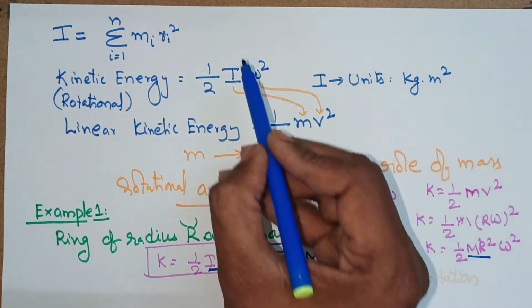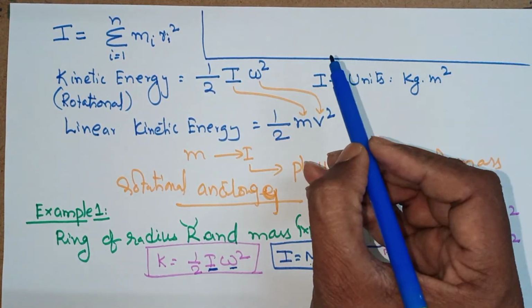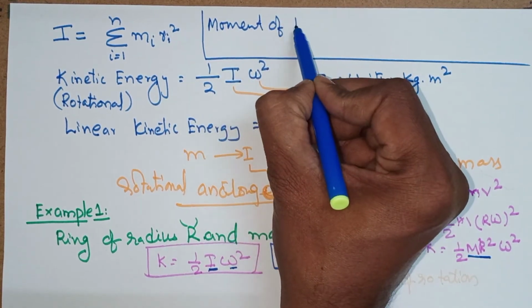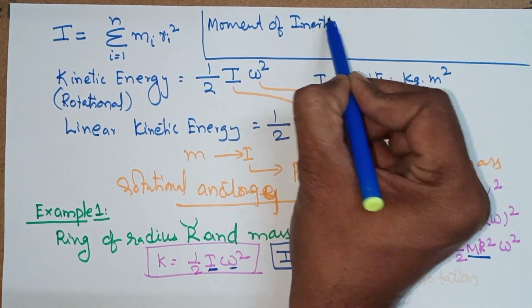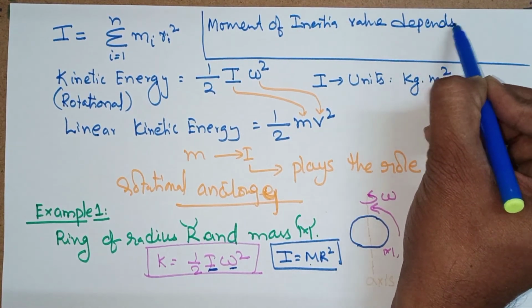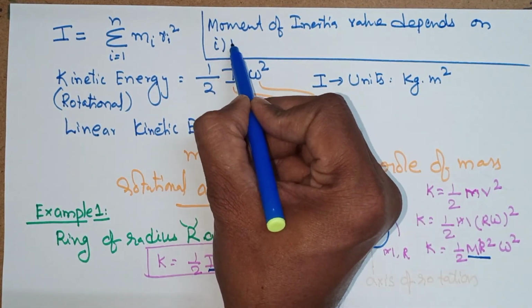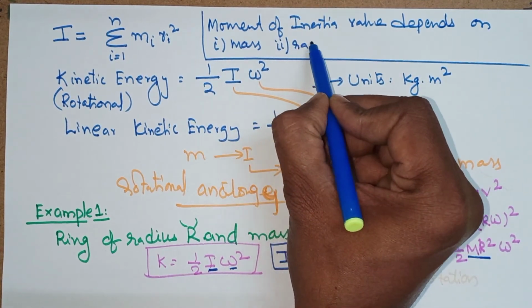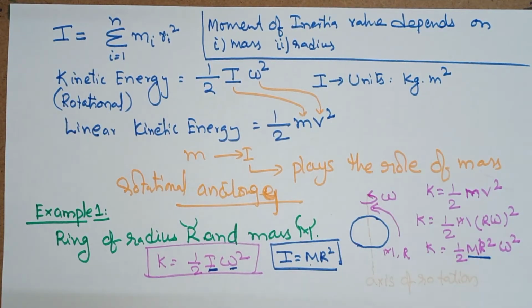So the moment of inertia value depends first on mass, second on its radius, say for a circular ring, disc, hollow sphere, solid sphere, cylinder. For a rectangular slab we consider length and breadth.